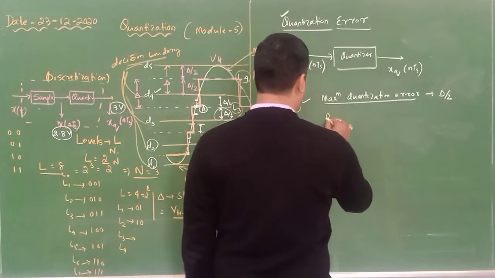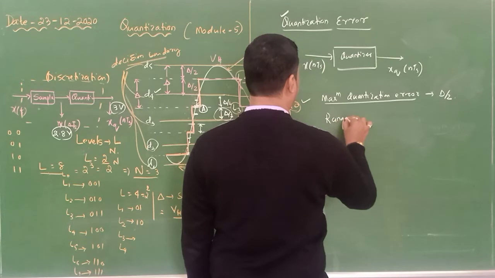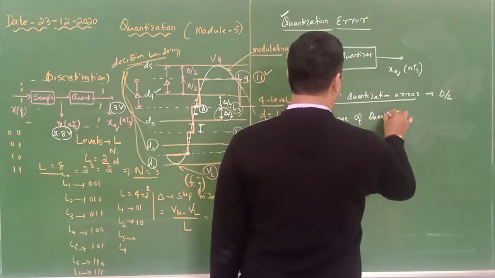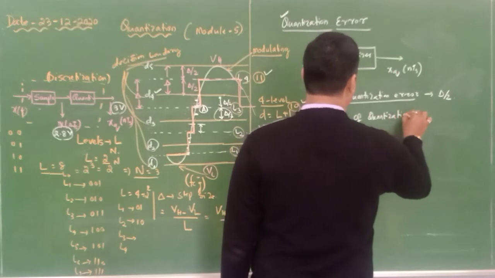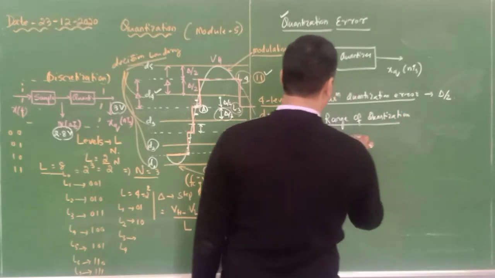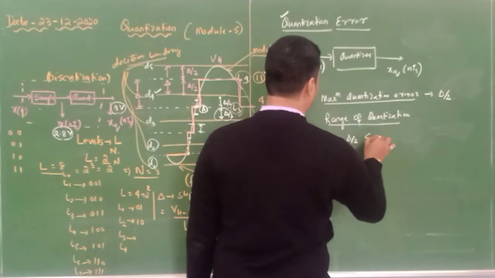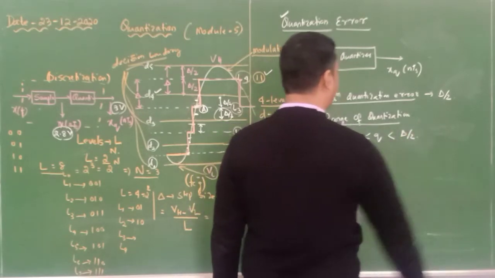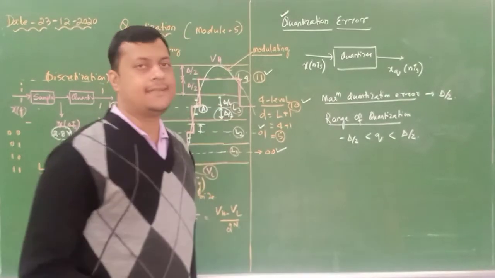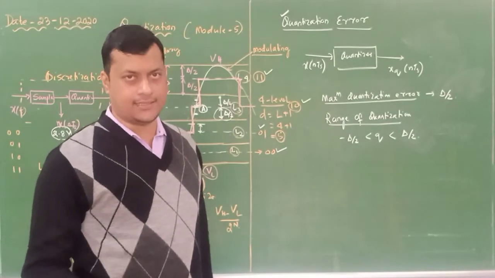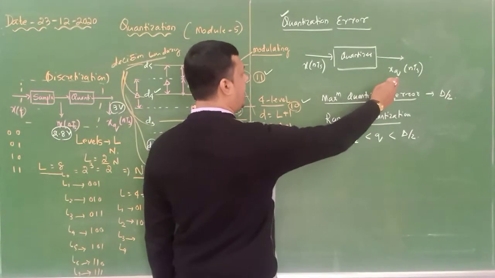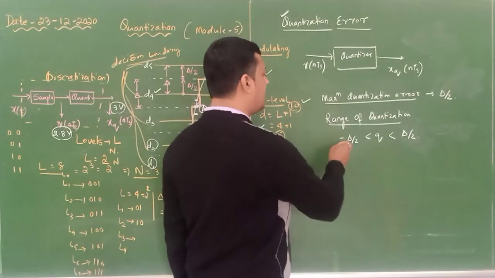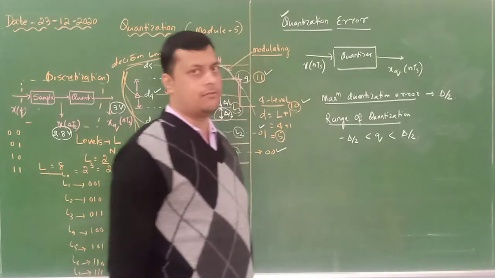Next, what is the range of quantization error? The range of quantization error is minus del by 2 less than q less than del by 2. What is q? It is called the quantization error. After quantization, here you can see I have written xq. So your error will lie between minus del by 2 to del by 2.